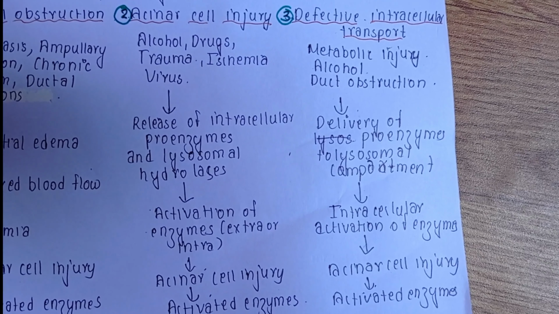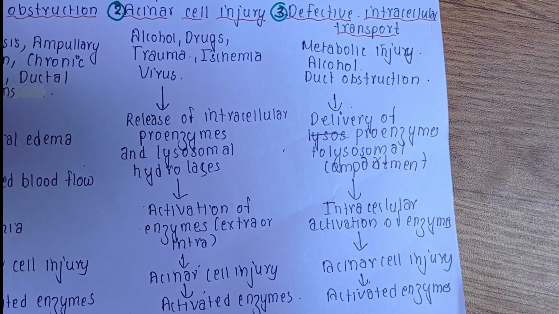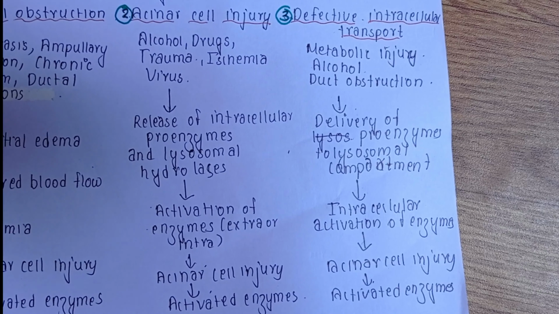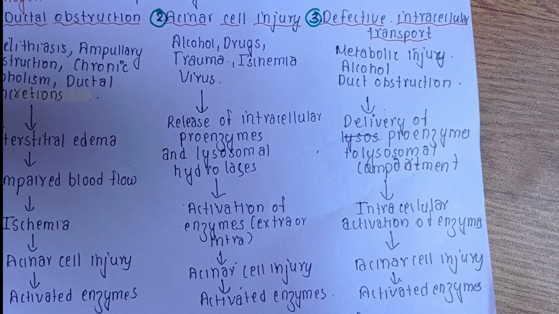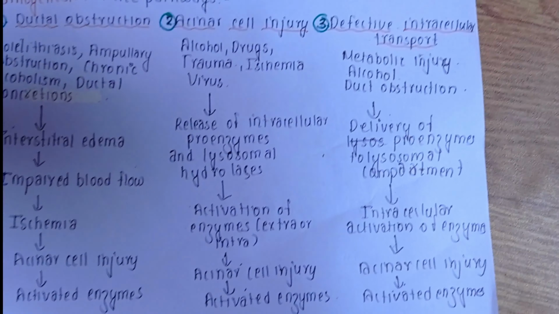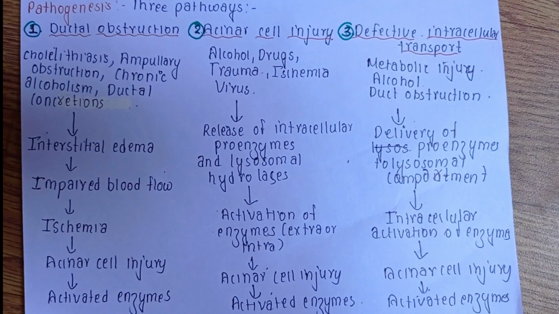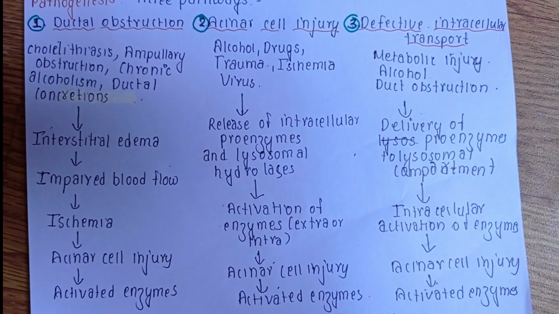There is delivery of proenzymes to the lysosomal compartment, and then there is activation of intracellular enzymes, and then there is acinar cell injury, and at the last there is activation of enzymes. So in all these three pathways we can see there is activation of enzymes.